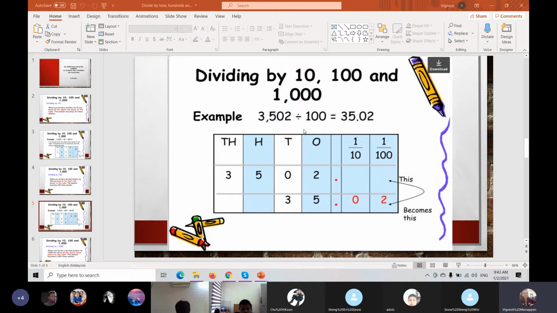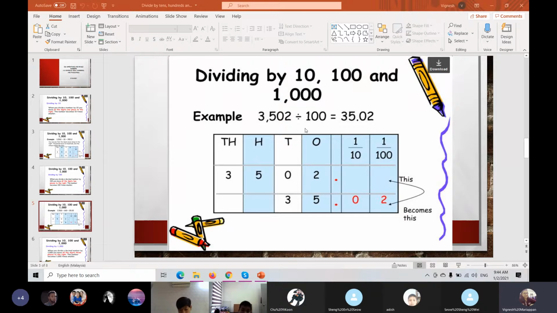It's very important whether you move to your right or to the left. The moving of decimal places is very important to find the answers. Once you wrongly move your decimal places, your answer will be wrong. So now, for divide, we need to move 2 decimal places to your left or right?